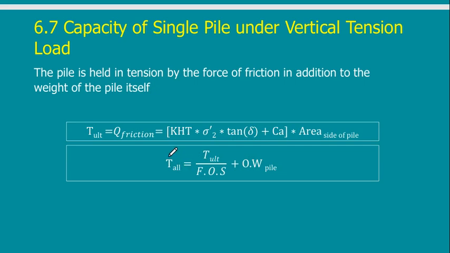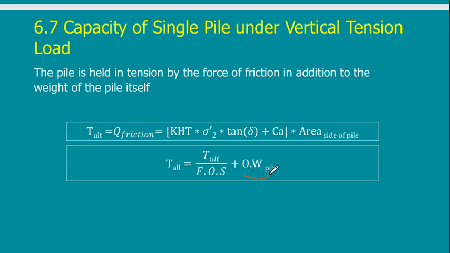So if I want to get the T allowable in case of a tensile load, then I will neglect the end bearing. I don't want the end bearing because the end bearing only acts in case of vertical loading in the direction of gravity. But if I am pulling the pile, then in this case no bearing will happen, but the own weight of the pile may help a little bit.